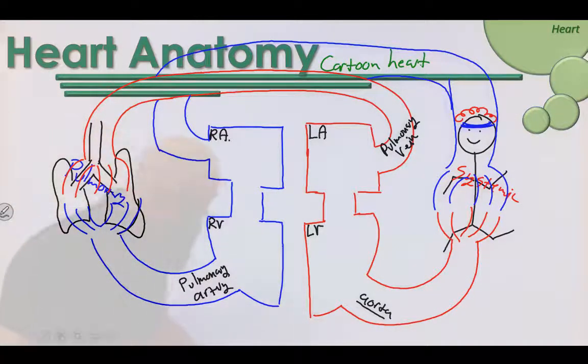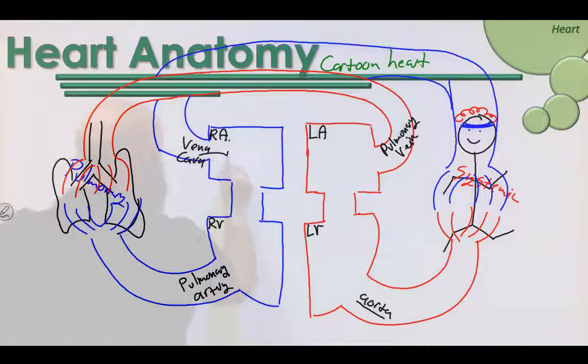The major vessel that takes blood from systemic circulation directly back into the right atrium is the vena cava. As a matter of fact, there are two. There's a superior vena cava, which drains everything that was above the heart, and an inferior vena cava, which brings blood back from all of the organs that were below the heart.